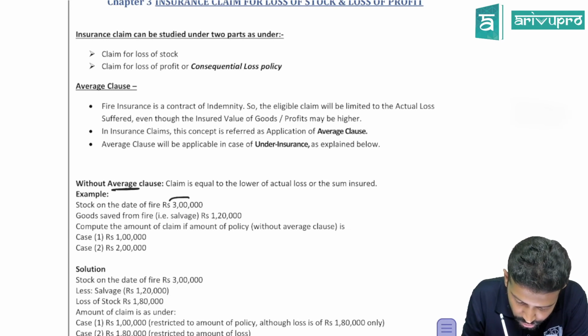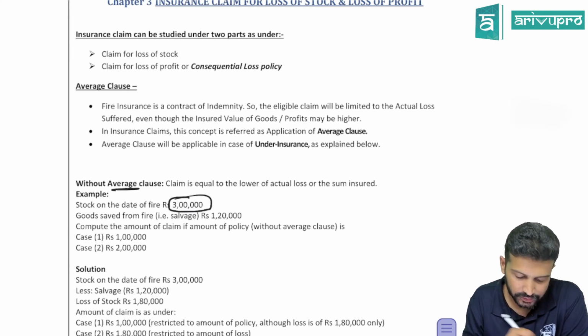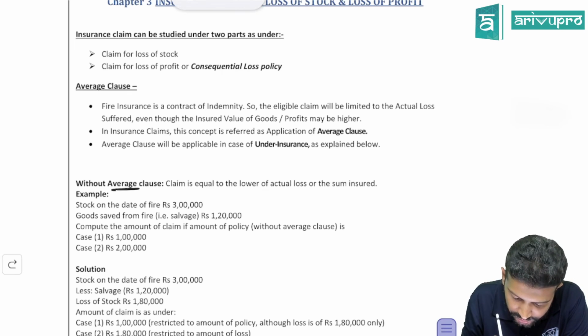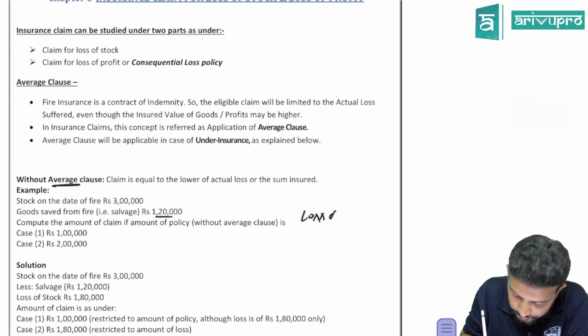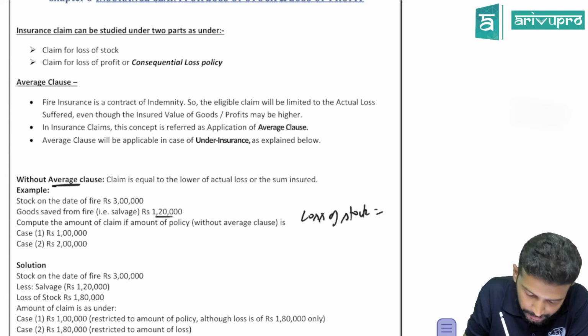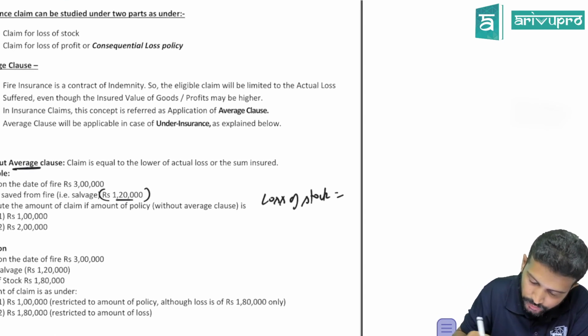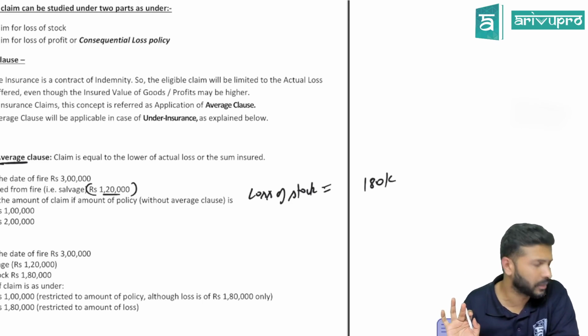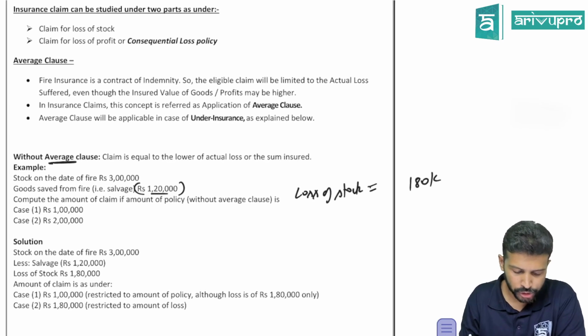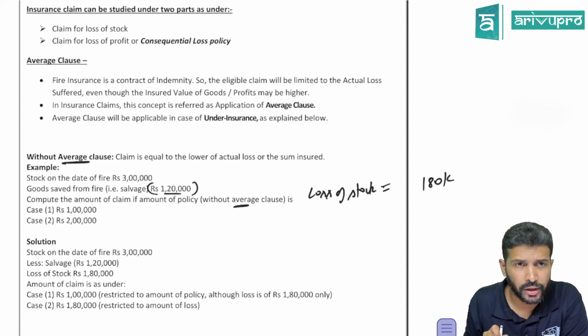Sir, they have told us stock on the date of fire is 3 lakh. Salvage value is 1 lakh 20,000. That means what is your loss of stock? You tell me. Loss of stock is nothing but 3 lakh minus 1 lakh 20,000, which is 1 lakh 80,000. This is the loss of stock. By now you're comfortable with that, I think. Now check. No average clause, okay?